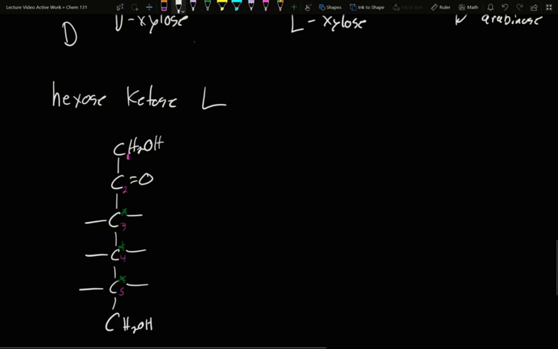If I'm supposed to be an L sugar, then my OH must be on the left for my last chiral OH. The other ones could go wherever you want, left or right. I'll just put them both on the right. Key was this one is what made it L. And so we have a ketose hexose that is an L sugar.